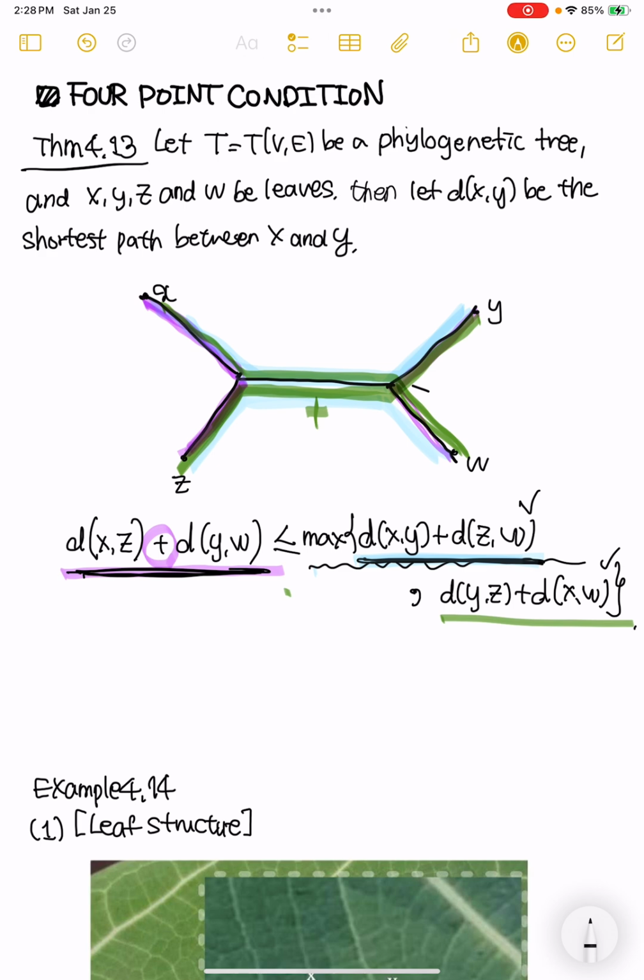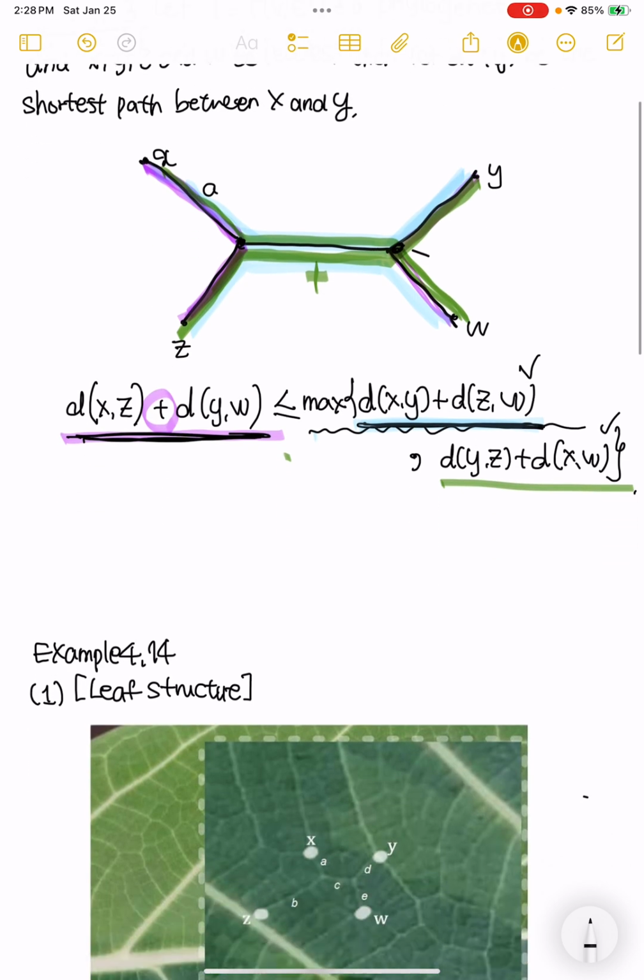For the proof, the computation proof, based on this node, let's put it like this: A, B, C, D, E. In that case, A, B, C, D, E are the lengths of branches, so all values must be positive.